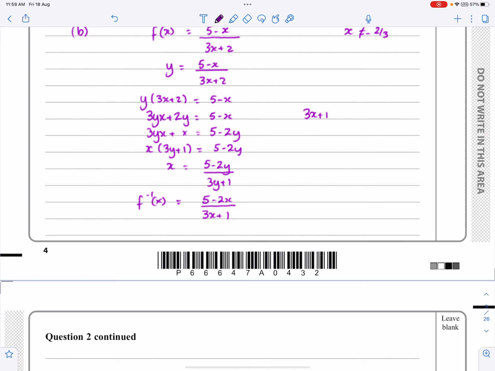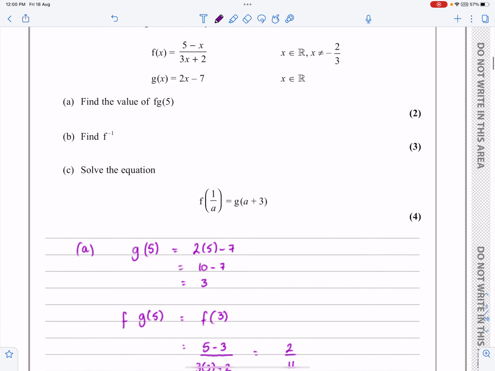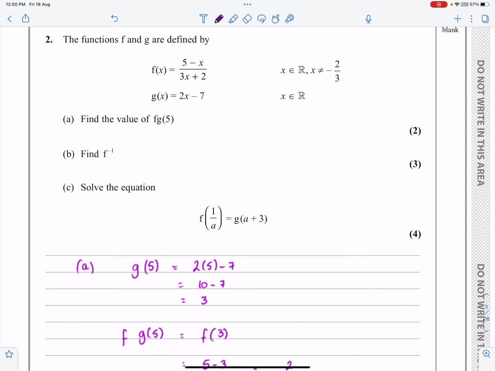So if 3x plus 1 equals 0, 3x would be minus 1, x would be minus 1/3. So to add to this, x is all the real numbers, but x is not equal to minus 1/3. Make sure that you add all of that in to your answer for part B, which is finding the inverse.